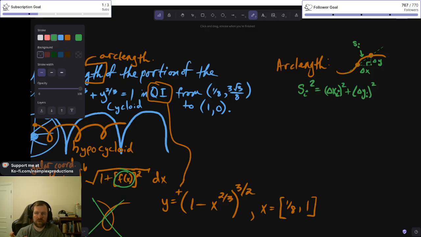So any individual infinitesimally small arc length is going to essentially be just a hypotenuse of a right triangle. So then that means that s sub i is going to be equal to the square root of delta x sub i squared plus delta y sub i squared.